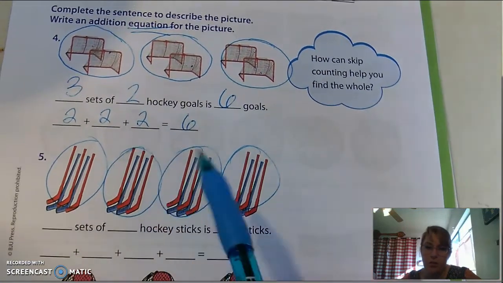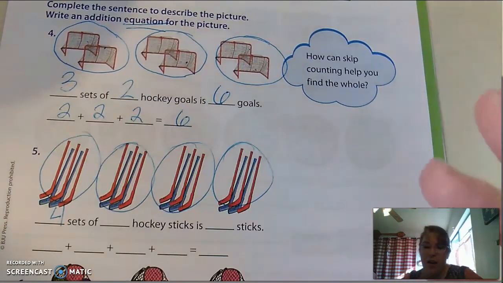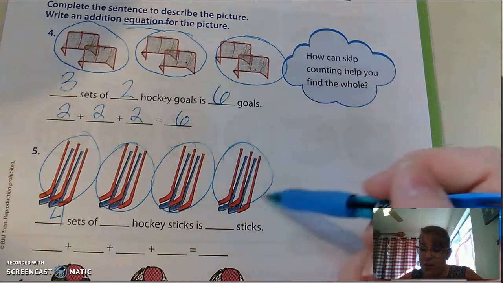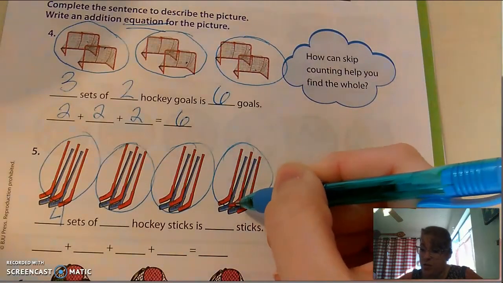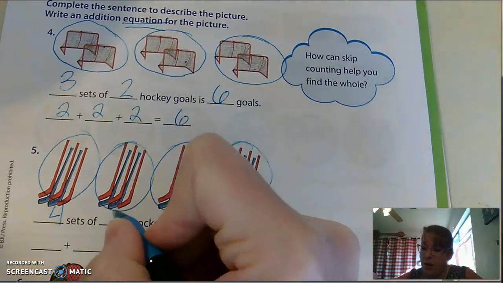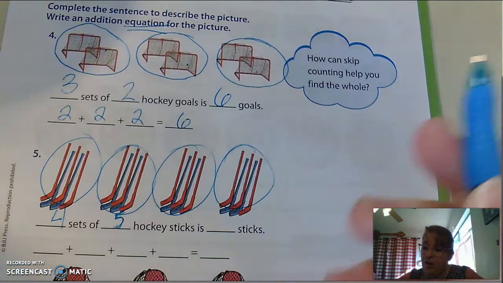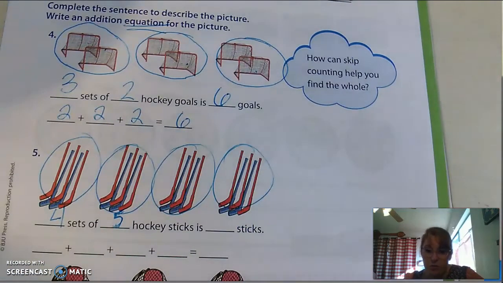Okay, how many sets of hockey sticks do I have? 1, 2, 3, 4 sets. And how many hockey sticks are in one circle? 1, 2, 3, 4, 5. Okay. There are 5 sticks in each circle.